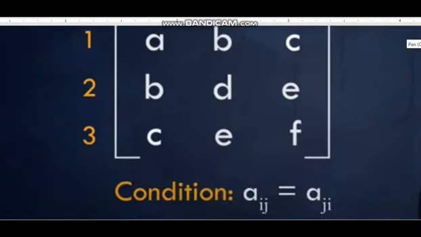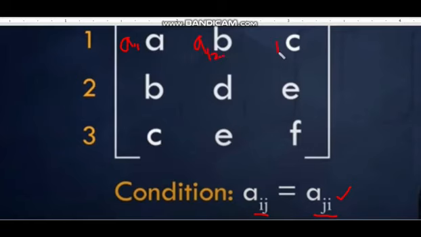The condition for a symmetric matrix is Aij should be equal to Aji. This can be asked in a 2-mark question: what is the condition for a symmetric matrix? So, this element is in the position A11. Similarly, this element is in the position A12.